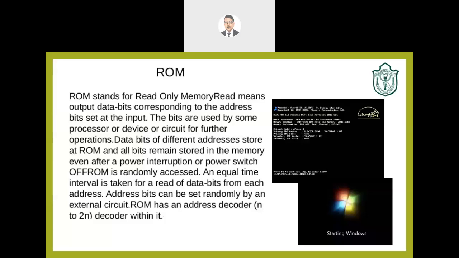And when you receive this message, starting Windows, this is the time when RAM activates and it is fetching or retrieving information from the hard disk with regard to the start of Windows.